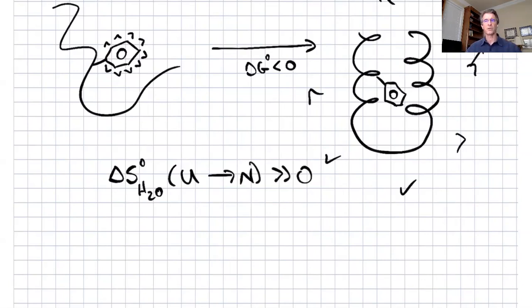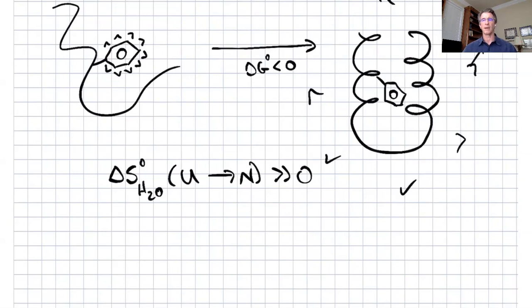And remember our discussions about the second law. That's a favorable thing, right? Increases in entropy are sort of favored by the general energetic design of our universe, right? So that's an extremely favorable thing.